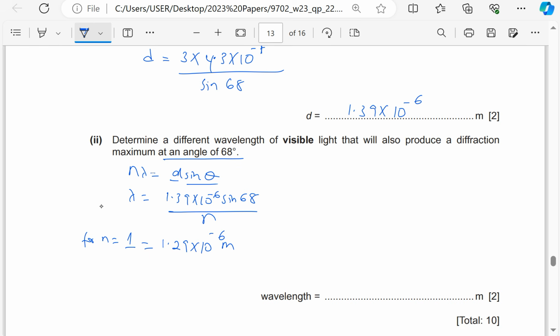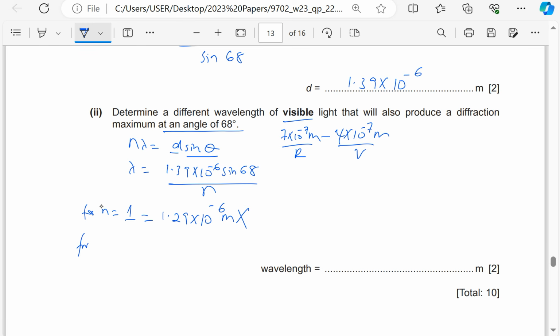I think the visible range is 7 times 10 to the power of minus 7 meters, red, down to 4 times 10 to the power of minus 7 meters, violet. That is the visible spectrum, so this is outside. Then I'll check for n equals 2. For n equals 2, it is 1.39 times 10 to the power of minus 6 times sine of 68 divided by 2.